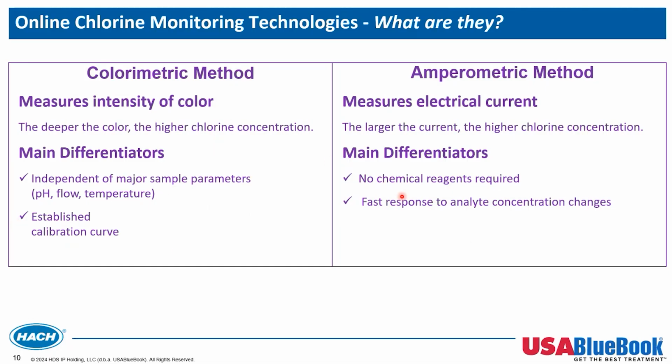On the other hand, the amperometric technology uses no reagents. It's reagentless. It provides fast response to the analyte concentration changes. And those are the main technology differentiators. Let's focus on one particular aspect, the fast response to the analyte, which is a differentiator for amperometric technology.